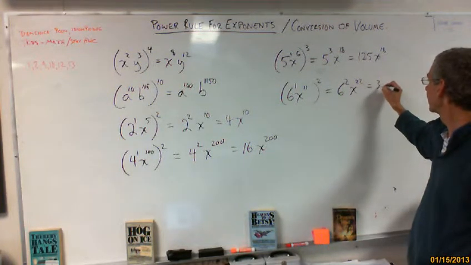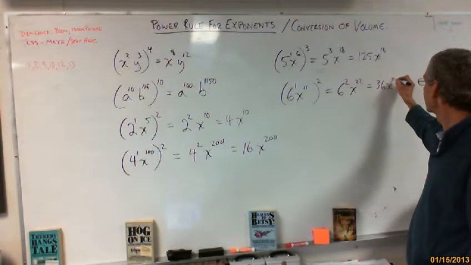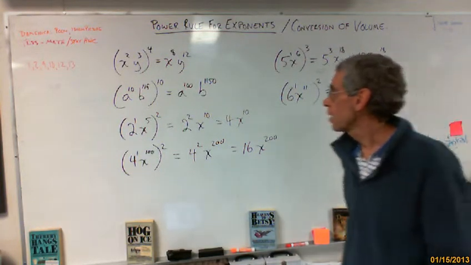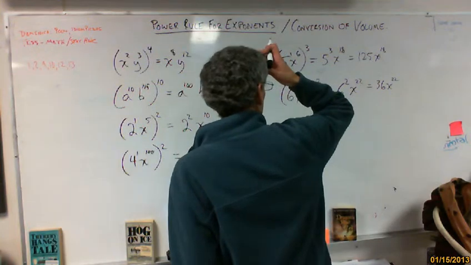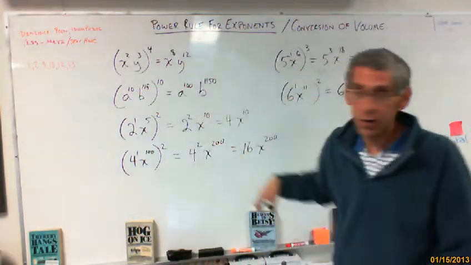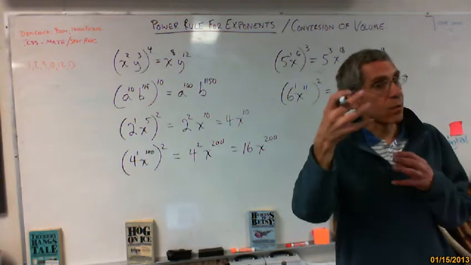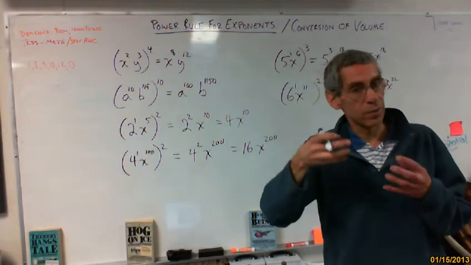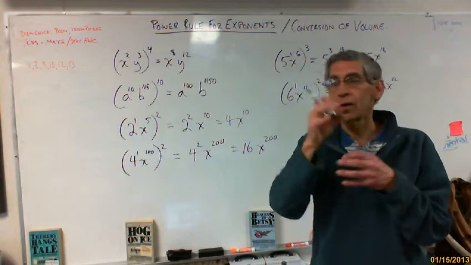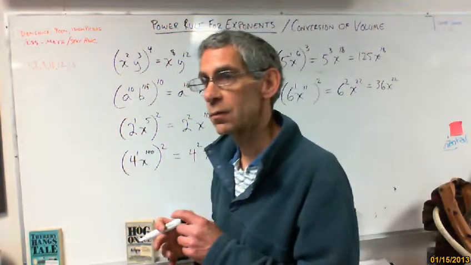Right? Yes. Okay, good. All right. So that's called the power rule for exponents, okay? It's because the power is raising another power. There's one power raising another power.